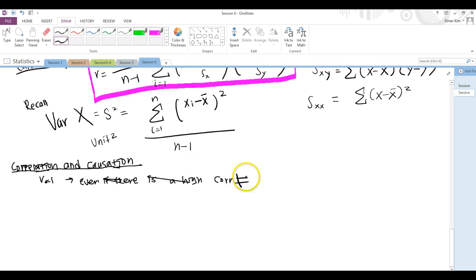So this does not mean that there is a cause and effect.